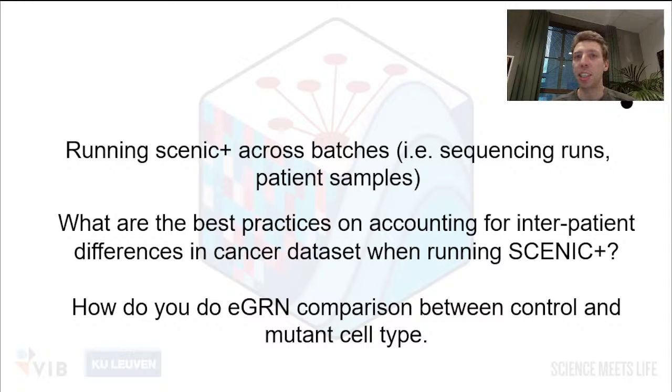So the first recommendation I would give is to try and not subset your data too much. For example, don't subset to a single cell type. The reason for this is that SCENIC Plus uses the background of the other cell types to be able to infer the GRN. So you kind of need the other cell types to figure out what is specific to the cell type that you're interested in.